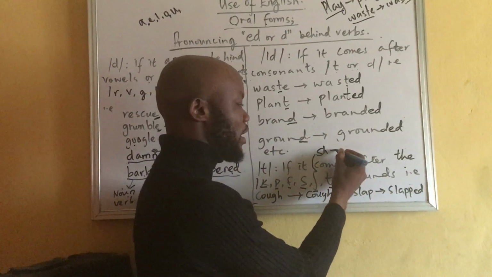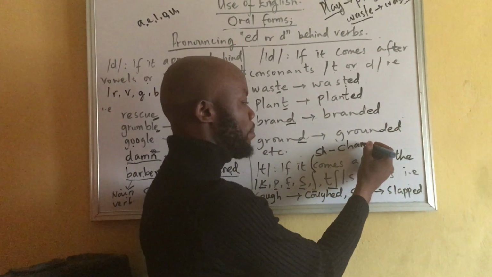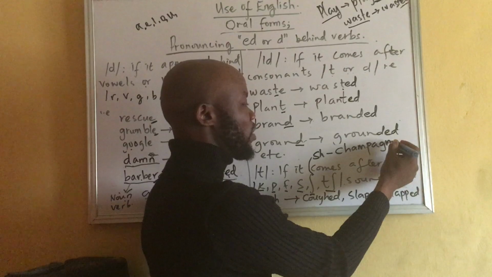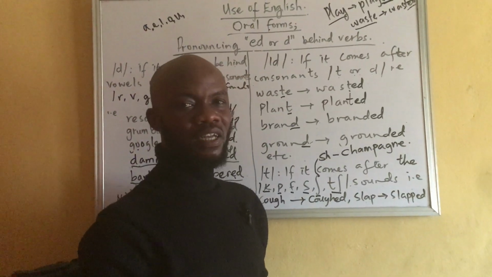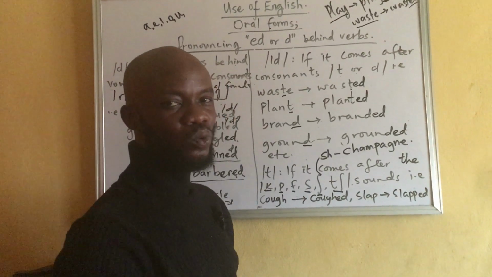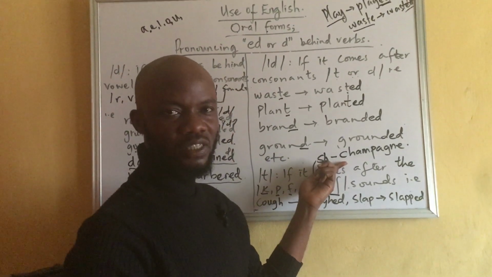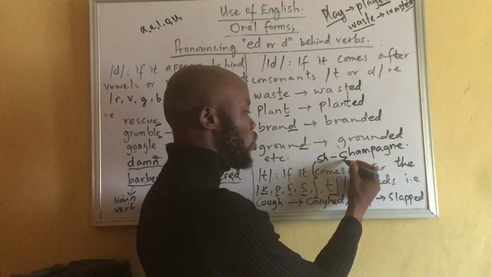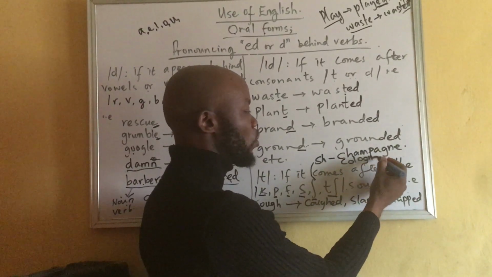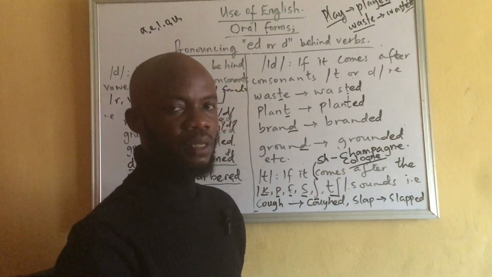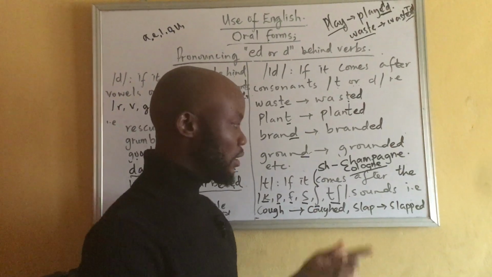For instance, you have the word champagne. Someone once pronounced this as champagne. I died for 2 seconds and resurrected again. Please, it's not champagne, it is what? Champagne. Then this is what? Cologne, not cologne, cologne, cologne. Yes, the perfume meant for men. That is cologne.